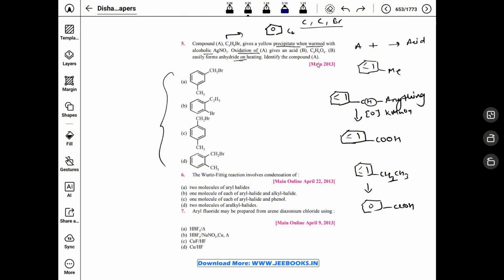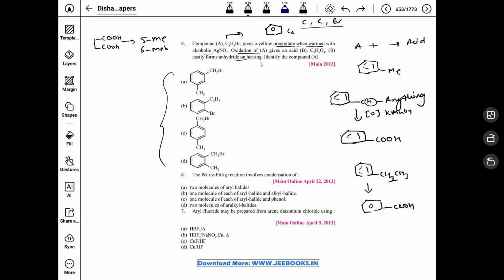What else is given? The next information is that it can form an anhydride. So remember that an acid forms an anhydride only when the groups are in close proximity. When they are in close proximity, and it can form a 5-member or 6-member ring, only then can it form the anhydride.